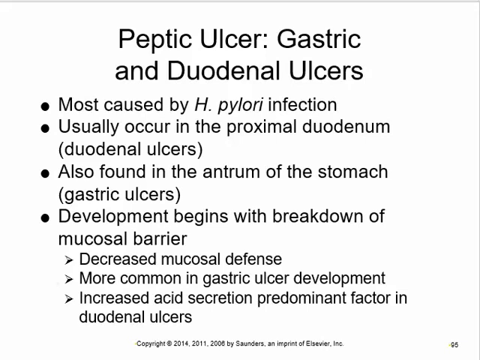You can find them in the antrum of the stomach as well, and anywhere in between. So what happens is the mucosal barriers, the mucus barrier, gets eroded away because of the H. pylori. And so then we have less defense.